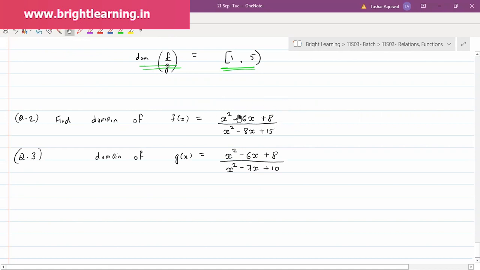I have given it directly. So you can think of this x square minus 6x plus 8 as h of x, and this x square minus 8x plus 15 as p of x. Similar to the previous question, I have asked you to find the domain of h upon p of x.